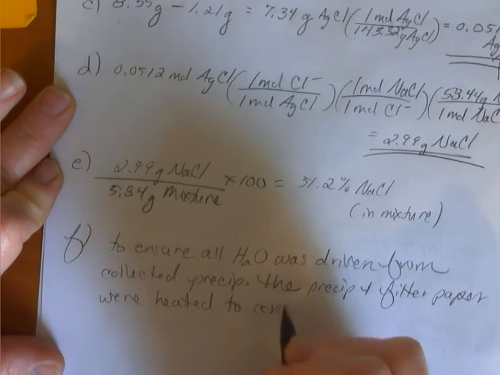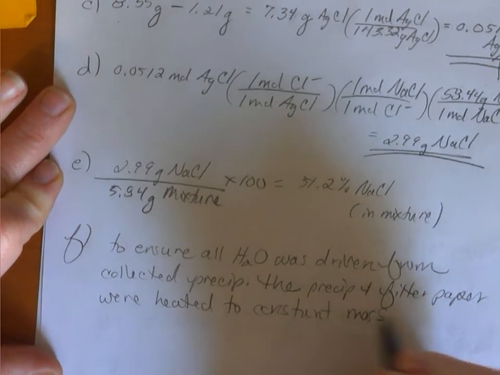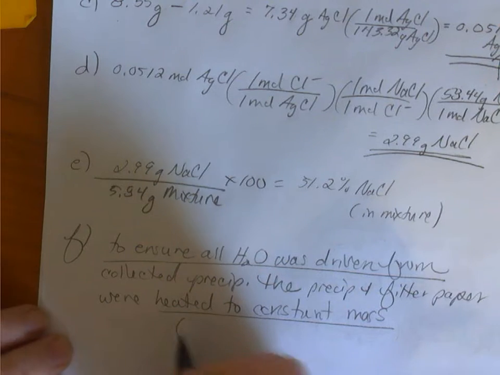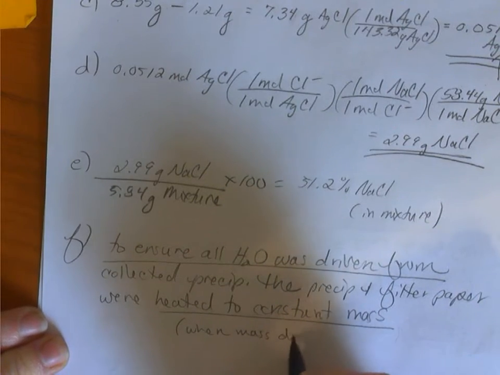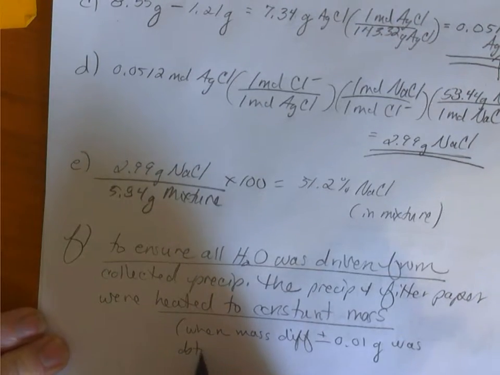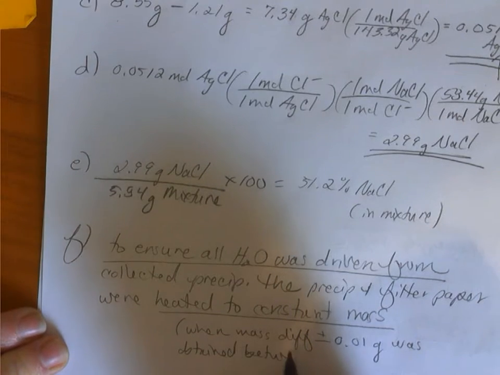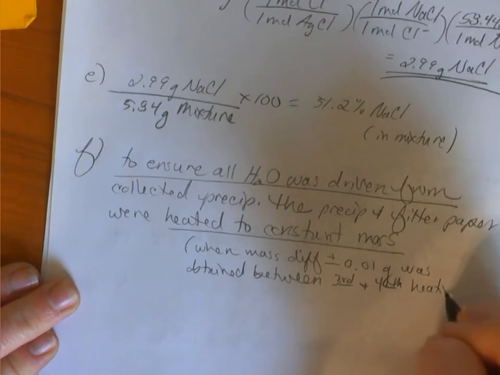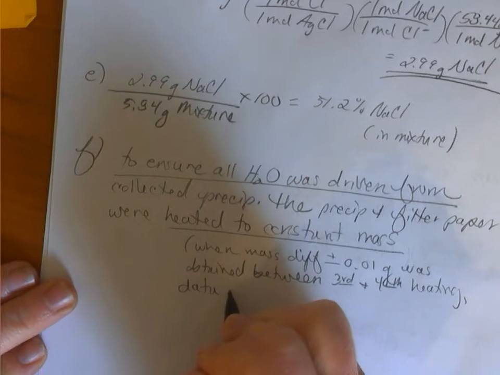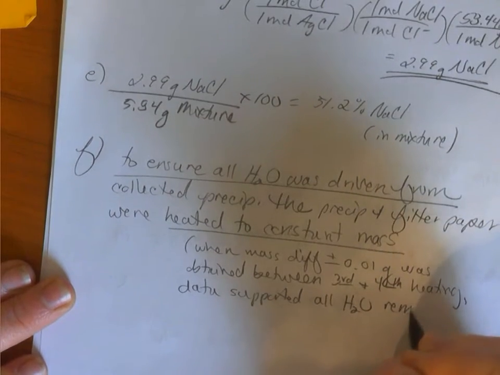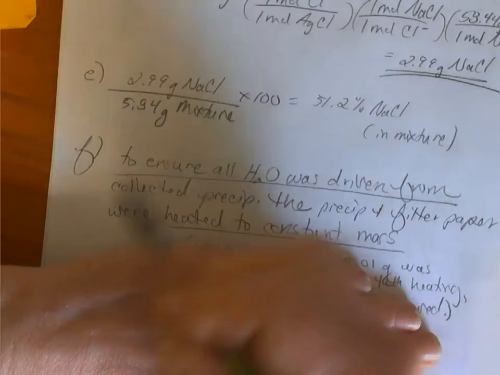That probably is sufficient to answer the question, but we could say when a mass difference of plus or minus 0.01 grams was obtained between the third and fourth heating, data supported all water removed. Again, probably that would be sufficient.